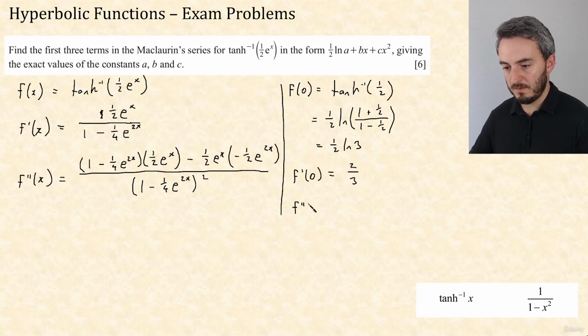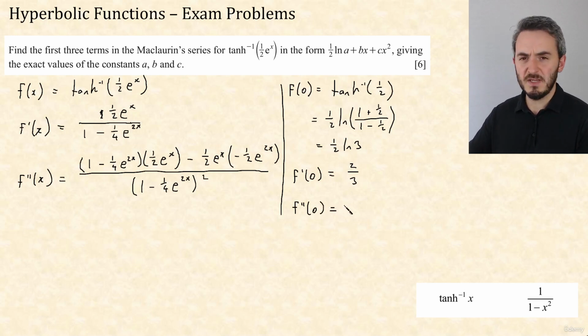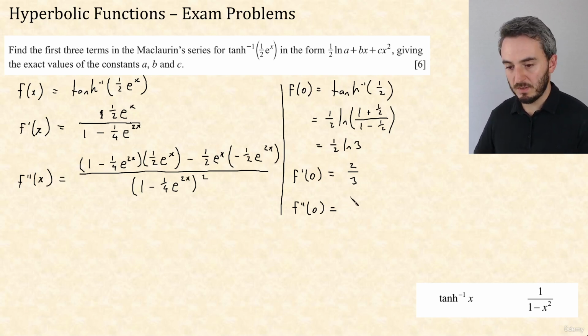Then the second derivative evaluated at 0, just key this whole lot in. The easy thing about e to the 0s is they're 1, so I'm just typing in 1 minus a quarter times a half minus a half times minus a half, all over 1 minus a quarter squared, and it's 10 over 9. So it seems kind of complicated, but it's quite easy to key in.